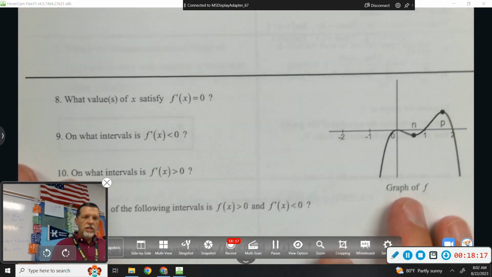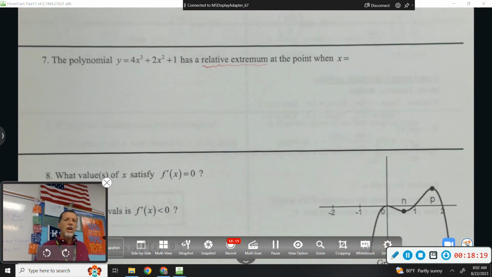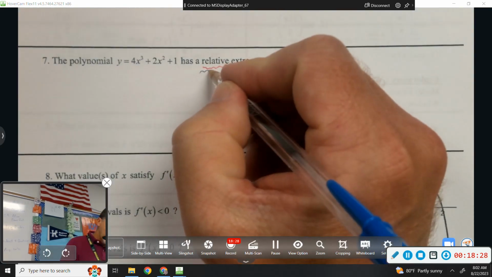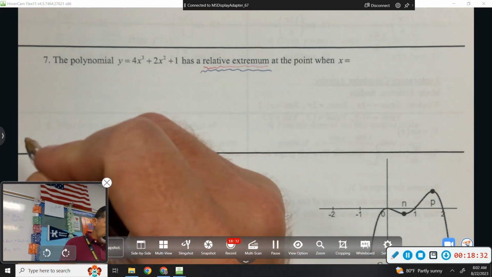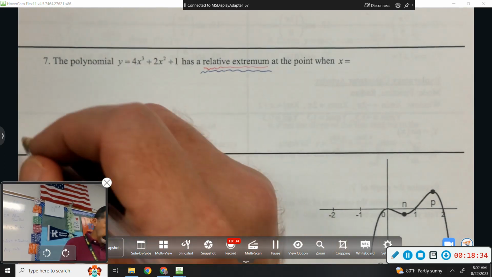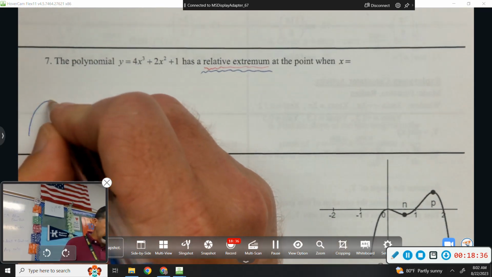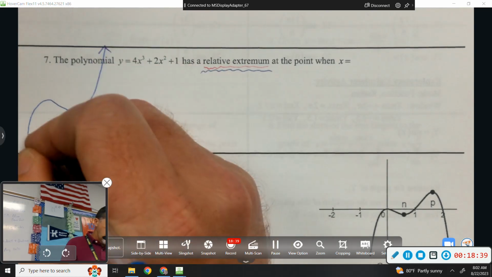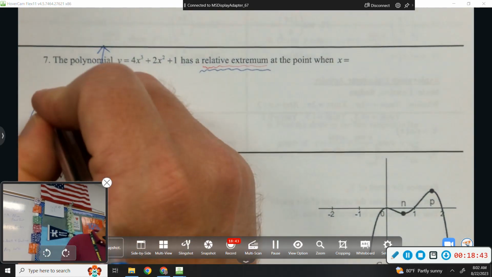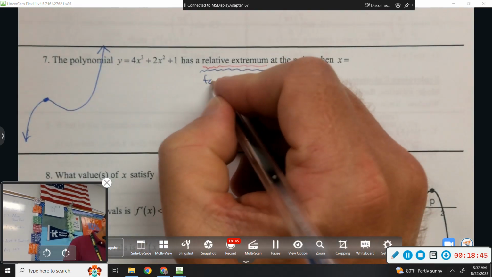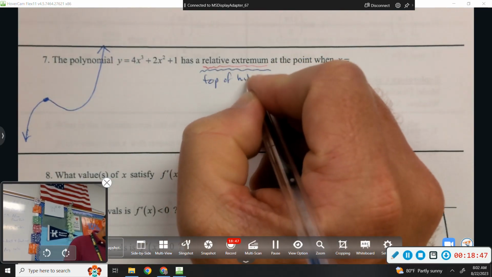Number 7, a relative extremum. Do you remember what a relative extremum means? Have we even talked about that? Let's see. X cubed. So I know generically what an x cubed graph looks like. A relative extrema is the top of a hill or bottom of a valley.